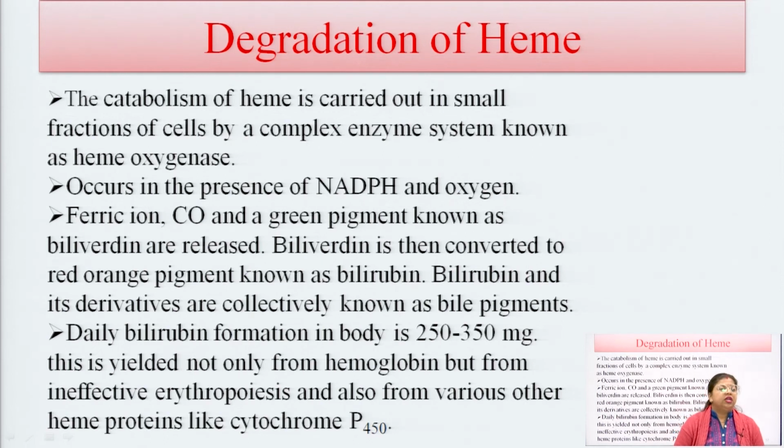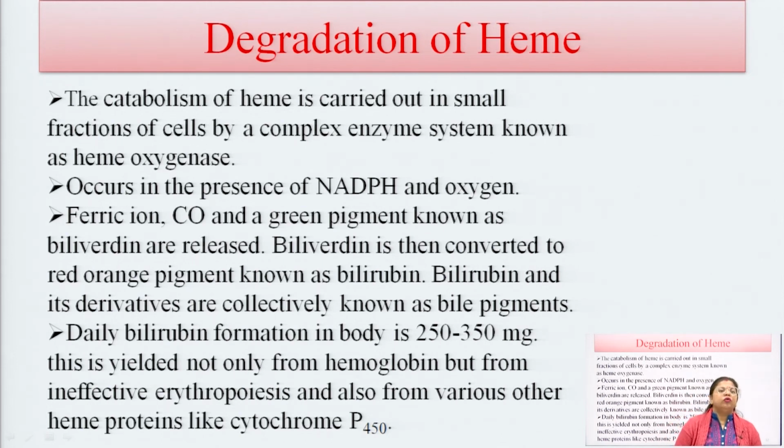Biliverdin is then converted into bilirubin, a red-orange pigment. Bilirubin and biliverdin are both known as bile pigments, and they are the excretory products of heme.